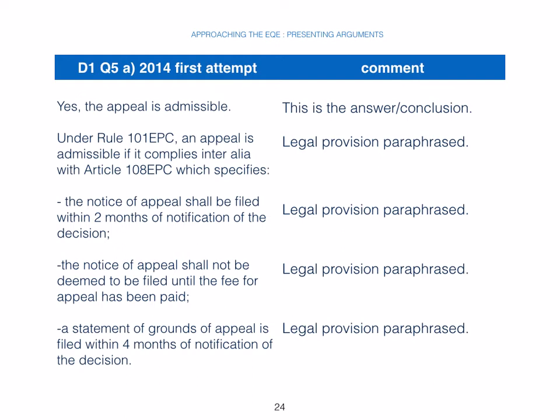Article 108 EPC specifies the notice of appeal shall be filed within 2 months of notification of the decision, which is a paraphrase of the legal provision. The notice of appeal shall not be deemed to be filed until the fee for appeal has been paid, which is the legal provision paraphrased, and a statement of grounds of appeal is filed within 4 months of notification of the decision, and this is the legal provision paraphrased.